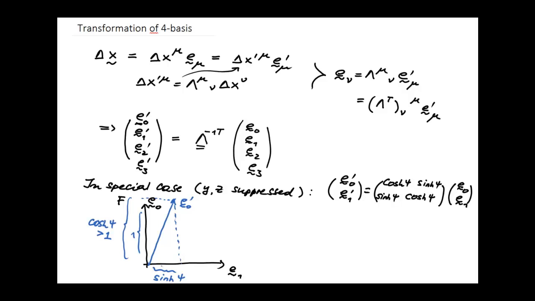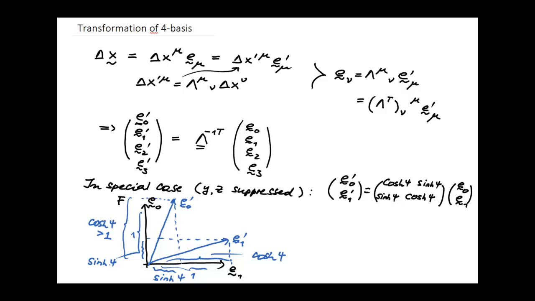Again, E1 is 1 unit. What about E1 primed? E1 primed is hyperbolic cosine of psi times E1, plus hyperbolic sine of psi times E0. So this length here is the hyperbolic cosine of psi, and this length here is the hyperbolic sine of psi.